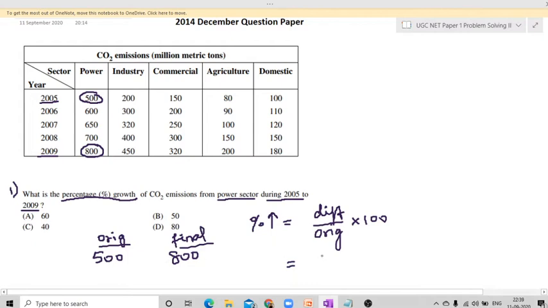As usual, we get the difference first: 800 minus 500 gives us 300, divided by the original, which is 500, and multiply this with 100. We can cancel the double zeros. So we get 3 by 5 of 100, which is 3 times 20, that is 60 percent, and option A matches our answer, 60 percent. That's the answer to our first question.